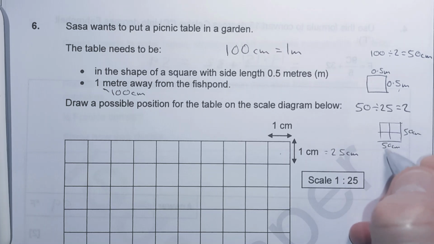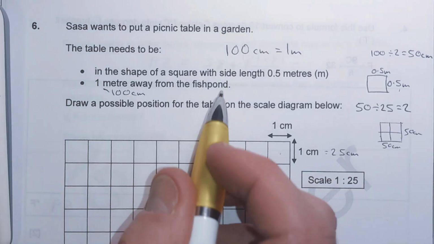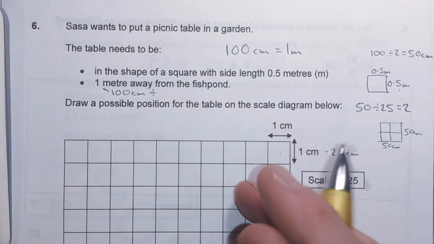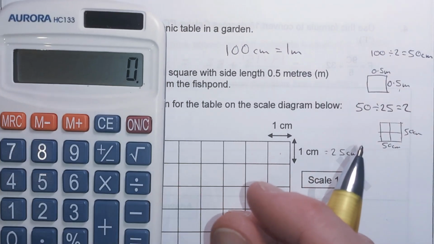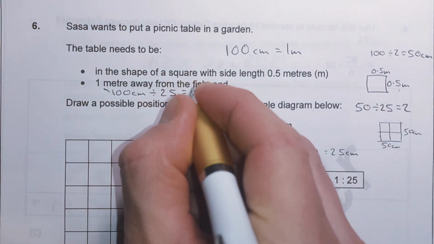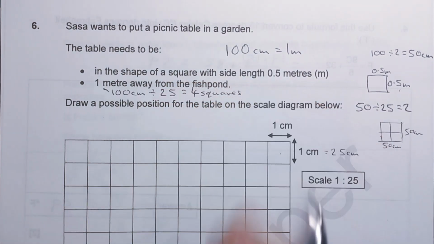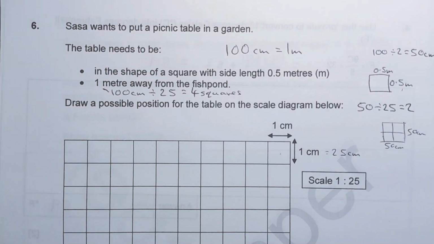Okay, 2 squares either way. And we also know we need it 1 metre away from the fish pond. Well, if we divide the 100 centimetres by 25, we'll see that it's going to be 4 squares on the grid. So let's have a look more carefully at this diagram.